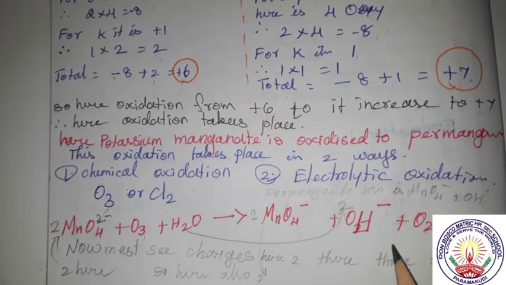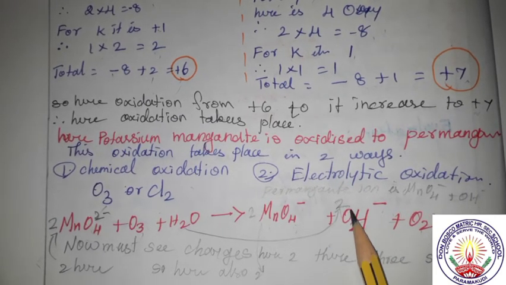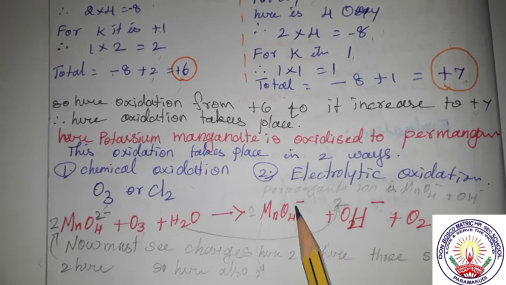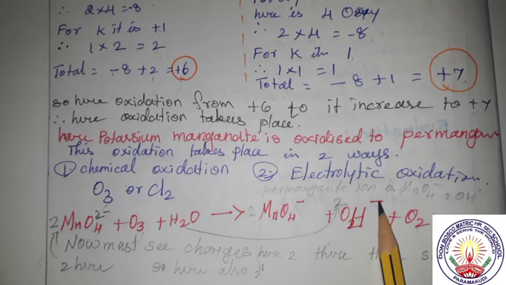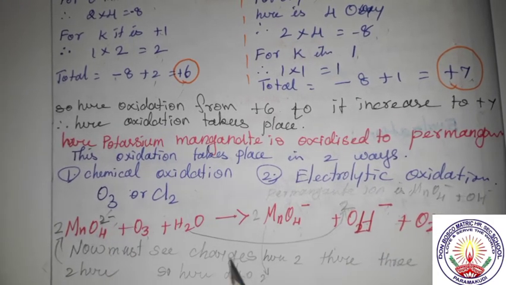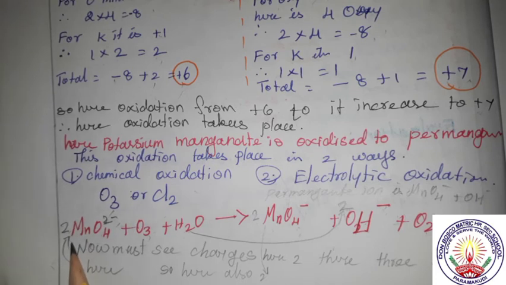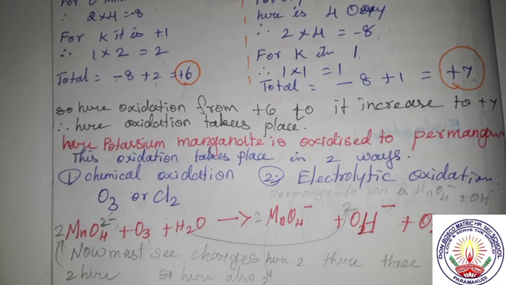Now we have to see the charges. Looking at the charges, here 2 minus, here minus 1, so 3 charges here, 2 charges here. Therefore we need to add 2 here. When we add 2 here, the charges will be balanced.